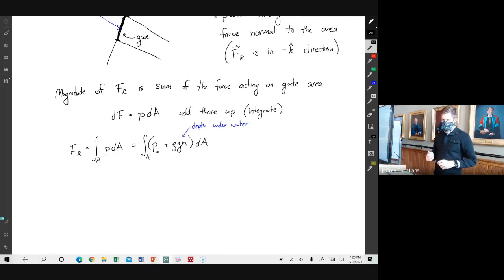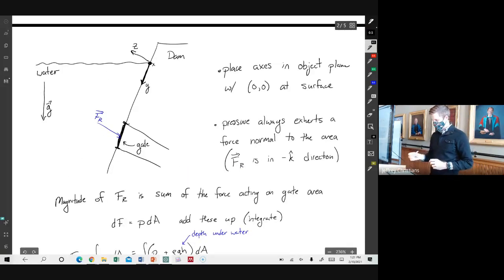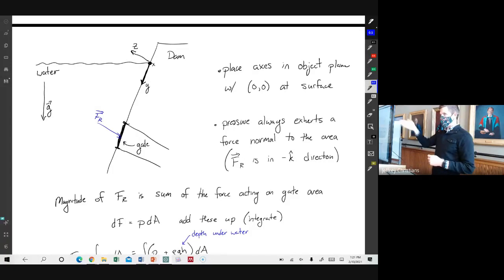So the depth underwater is going to be, if we look back up at our picture, if we move in the y direction, we are going deeper underwater, but it's not straight down. So if we go 1 meter in the y direction, we don't go 1 meter down because we're going on an angle. So we have to take that angle into consideration.